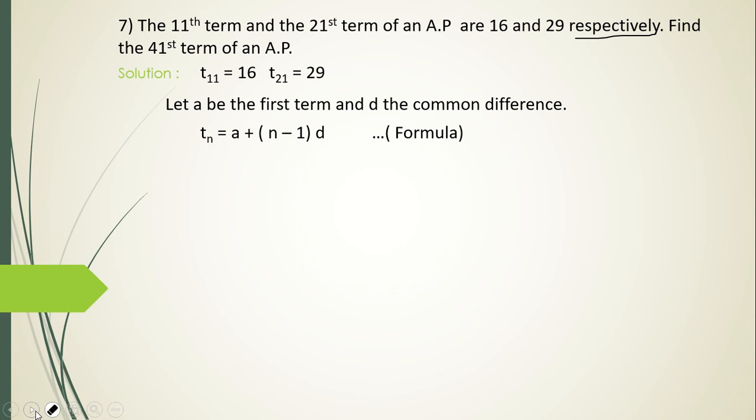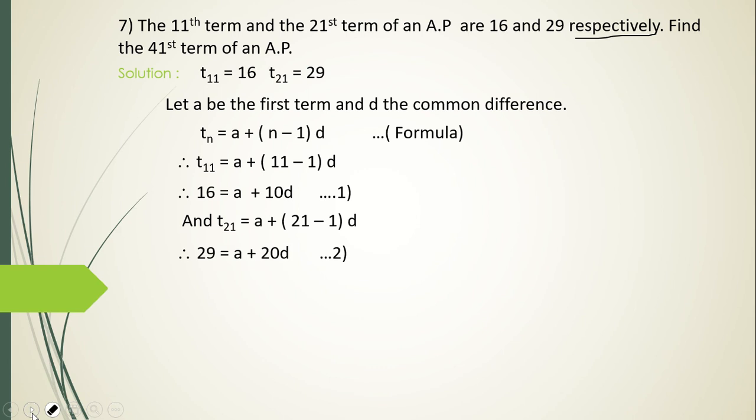Next, this is the formula. Now according to the formula, we get T of 11 is equal to A plus 11 minus 1 into D. Now just substitute: T of 11 is 16, so 16 is equal to A plus 10D. This is the first equation we had got. Similarly, we will get equation number 2 by substituting T of 21, which is given as 29: 29 is equal to A plus 21 minus 1 into D, so that is 20D. Equation 1, equation 2.